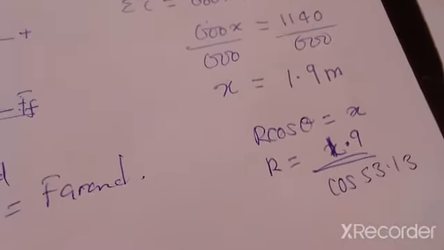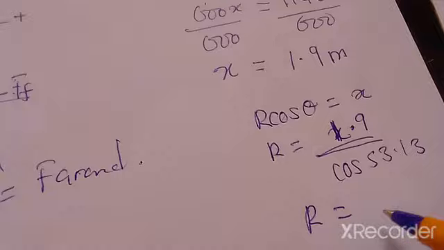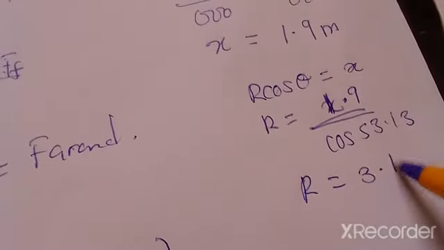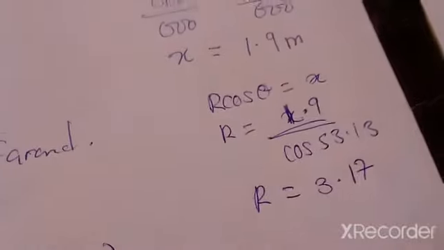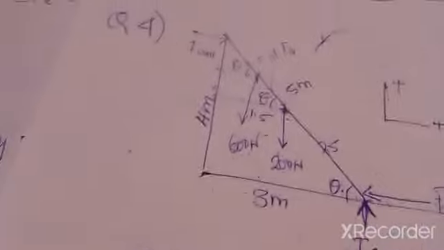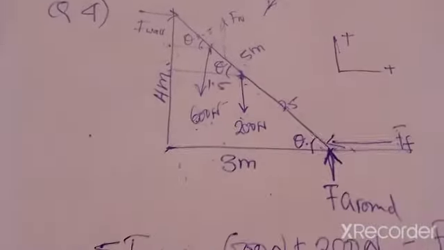Meaning that our r is going to be equal to 3.166, which I just round off to 3.17 meters.